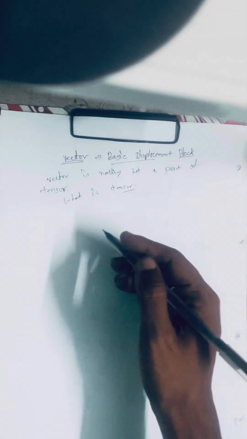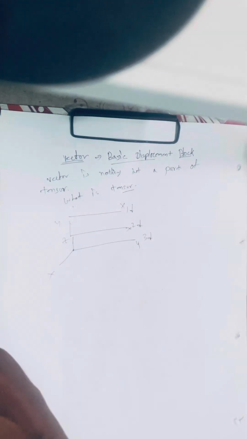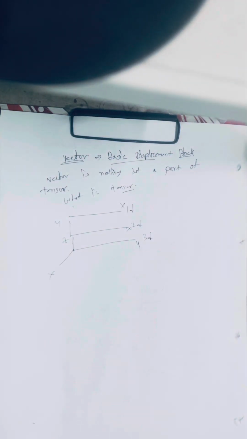This is 1D, this is 2D in a board, and that will be 3D. Y, X, Z. This is for X, this is for X, Y, 2D. Now, this is our dimension.